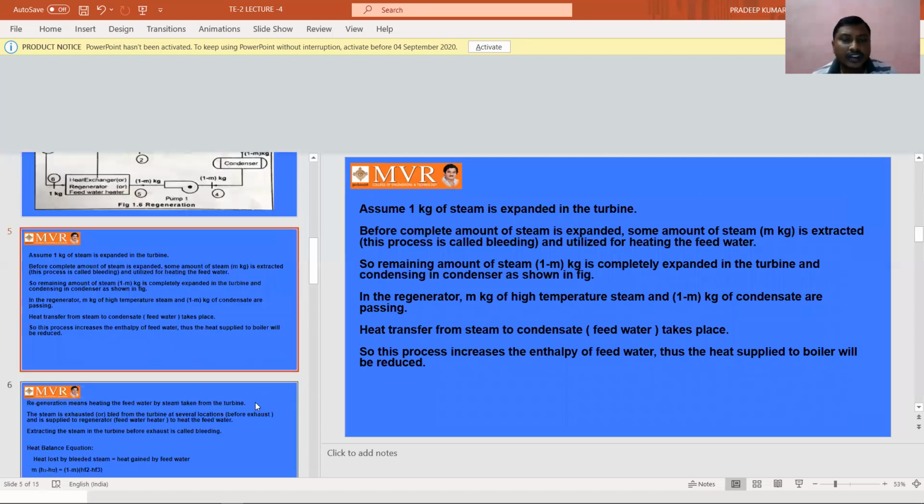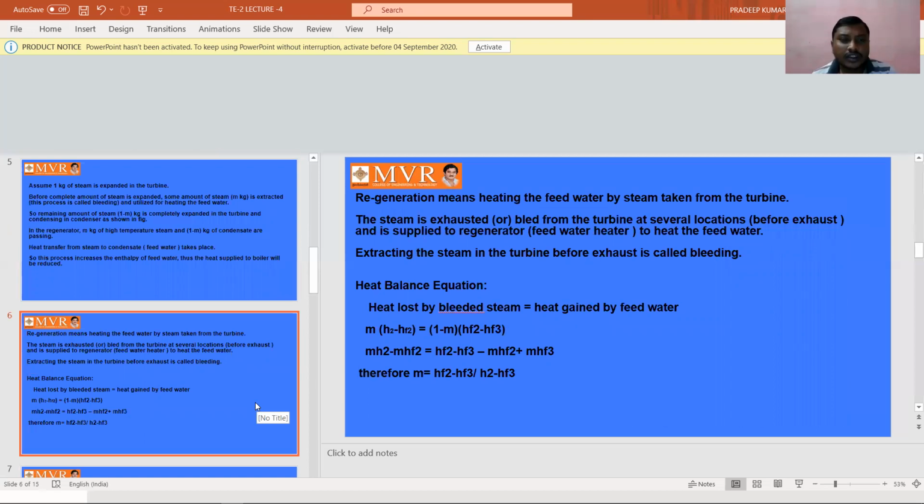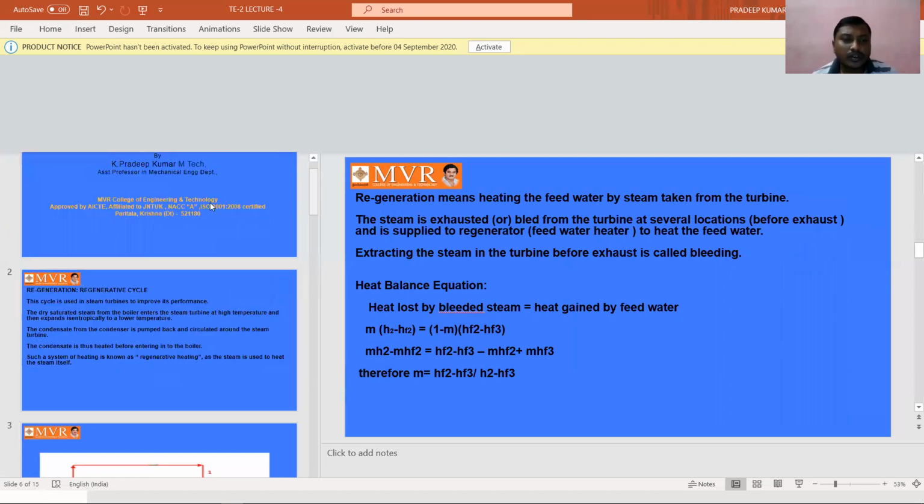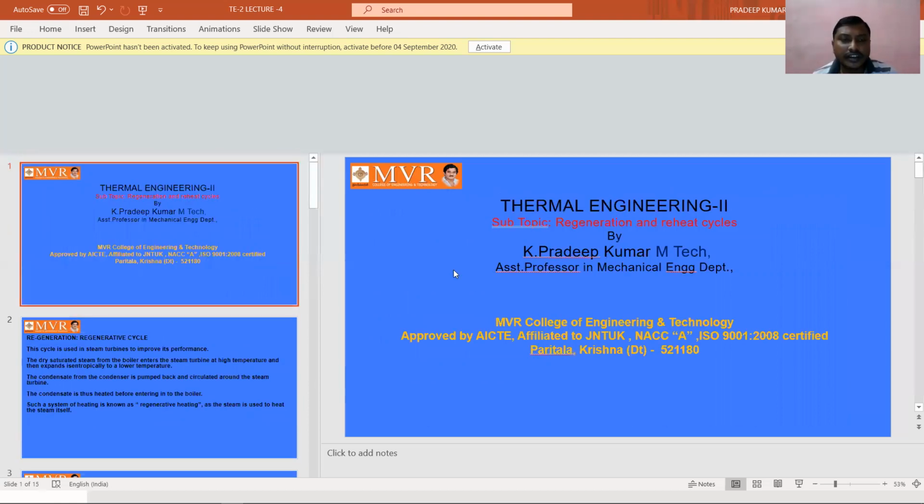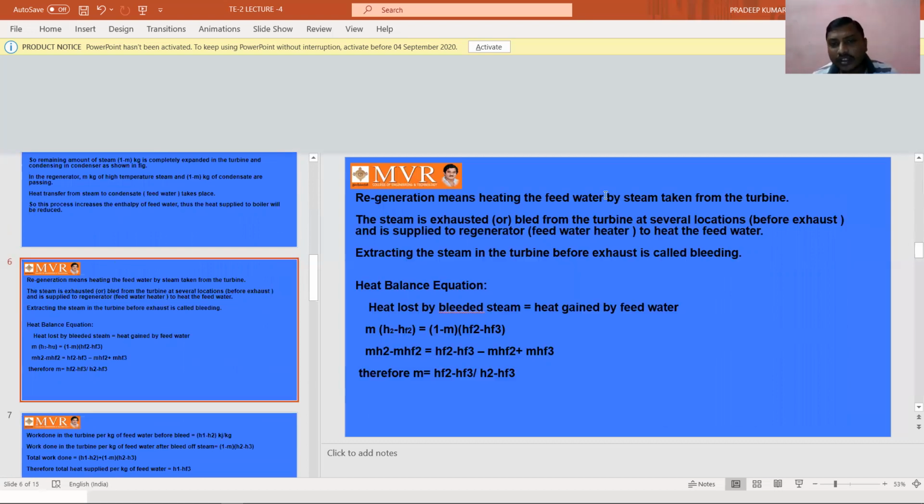Here the heading is about regeneration and reheat. Regeneration means heating the feed water by steam taken from the turbine.